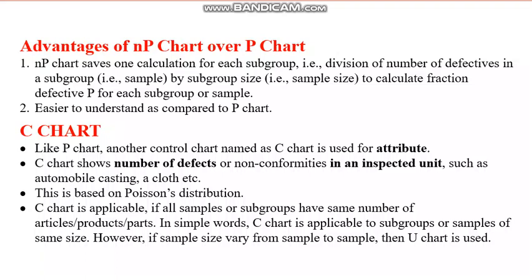Actually, you studied it in mathematics, only that you have to recollect those mathematical lessons. Now C chart is applicable if all samples or subgroups have the same number of articles. That means C chart is applicable to subgroups of same size.